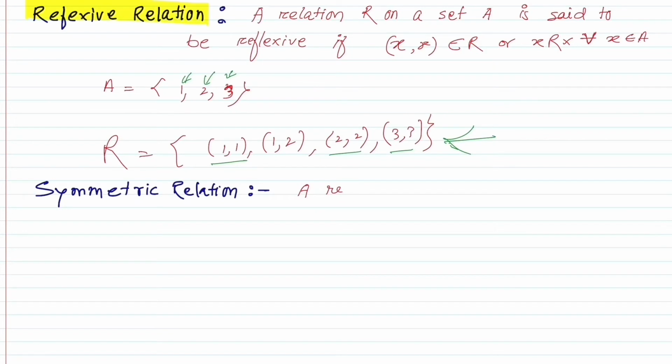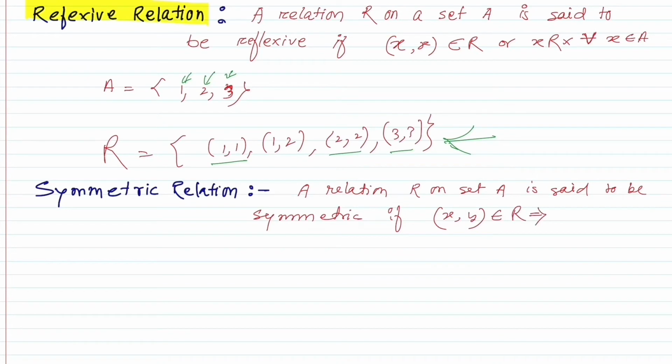A relation R on set A is said to be symmetric if (x, y) belongs to R implies (y, x) belongs to R, for all x and y belonging to set A. That means if the relation R contains (x, y), then it must contain (y, x) to be symmetric.